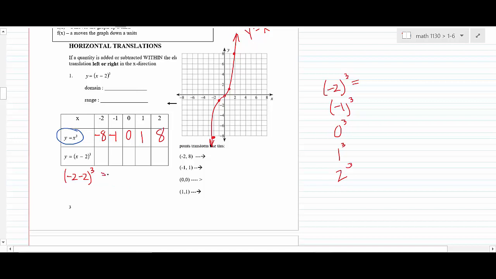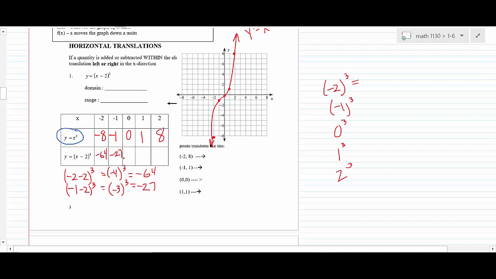Okay, if you did that, you would have negative 4 to the third power, so that would be negative 64. So actually that point goes to negative 64. You got to plug it in the function, and we'll discover what happens. Plug the negative 1 in. Okay, again, you're just plugging into the final product. So that's negative 1 minus 2 to the third. That's negative 3 to the third. So that's equal to negative 27.